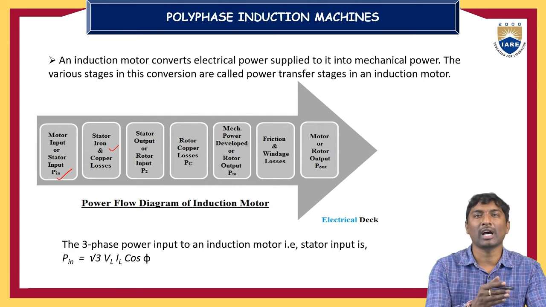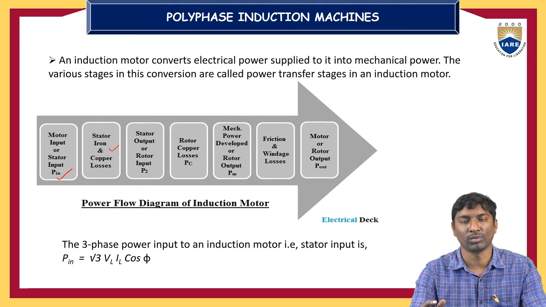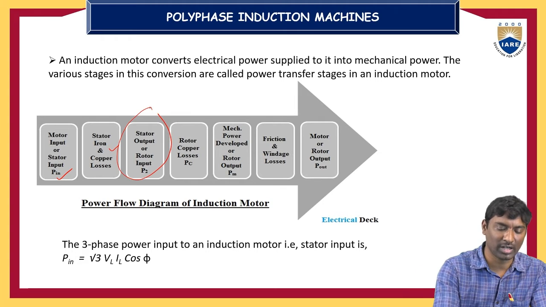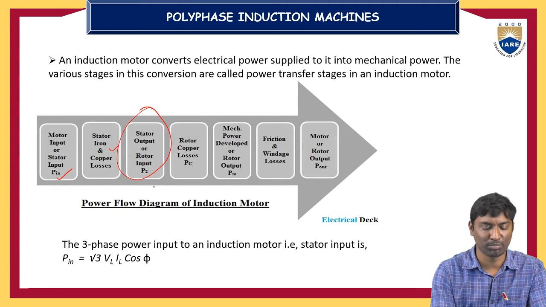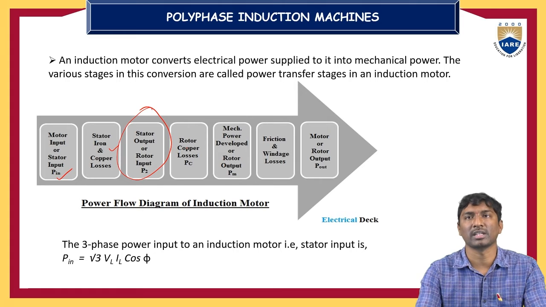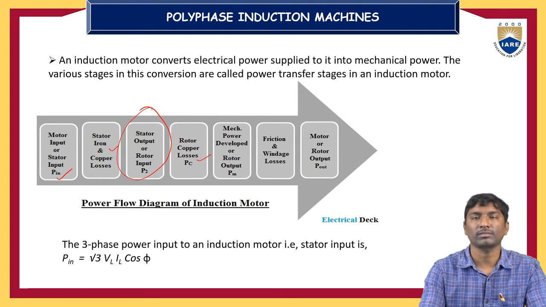The stator output is given to the rotor input. That's why it is the third stage. I call this the stator output or rotor input, that is P2. And the next is the rotor copper losses, that is PC.